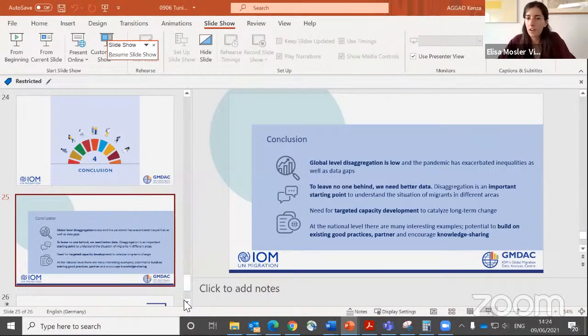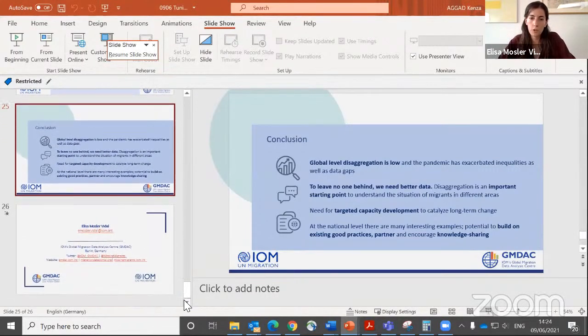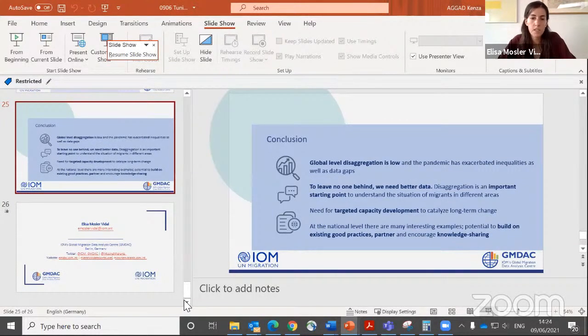What we have are patches of evidence from mainly regions or for a few specific countries that we've put together to get a little bit more flavor around this. But the fact of the matter is that we still do not know enough about migrants in the context of development, so we don't really know how they're doing. And as we know, disaggregating data is a key first step to address that. So to leave no one behind, we really need better data, meaning really better disaggregated data as a first step.